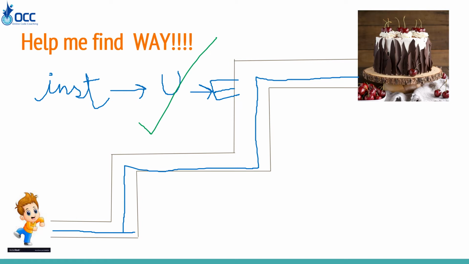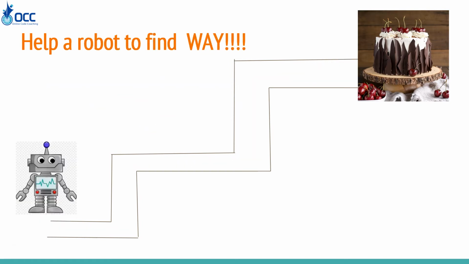Similarly, let's do another activity, where you have to give the same set of instructions to this robot. Since this robot doesn't know English or Chinese or French, it will not be able to follow you. So to talk to this robot, you have to talk to it in a language that it understands, right?